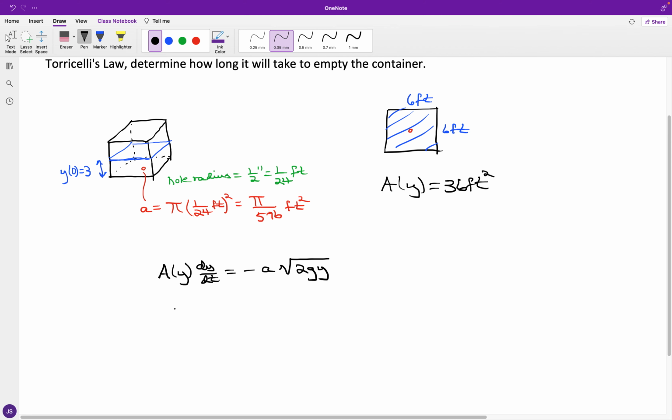Again, the cross-sectional area is 36 square feet. Right now I will include the units, but I'll get them out in just a moment. Now we have the negative of the hole's area, so we have negative pi over 576 square feet.